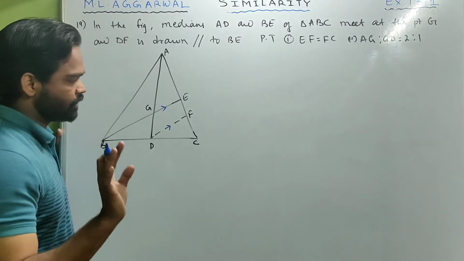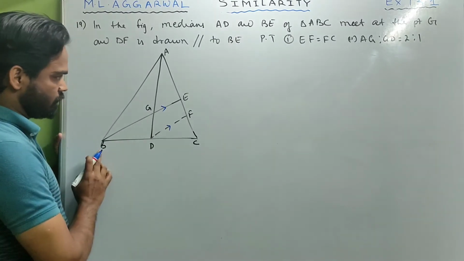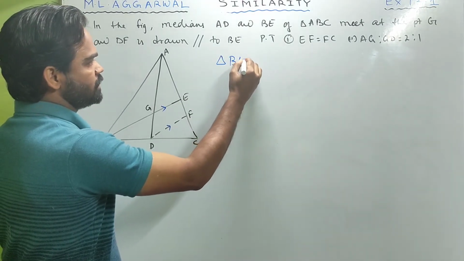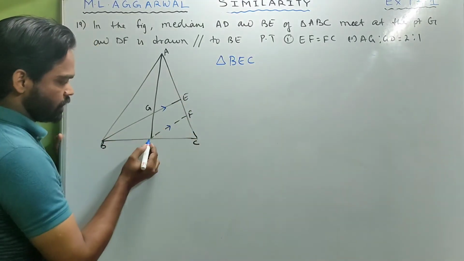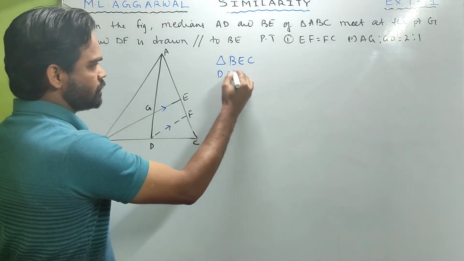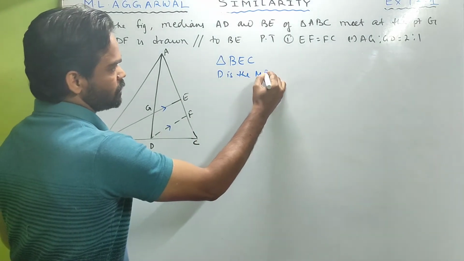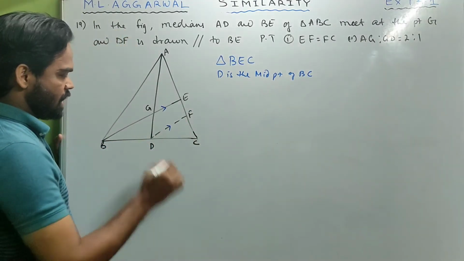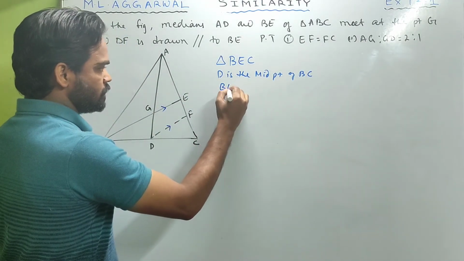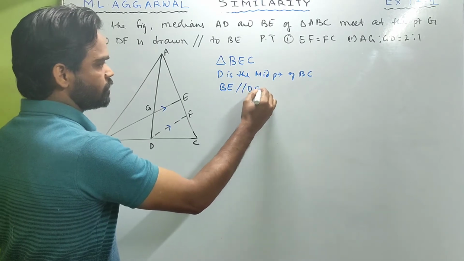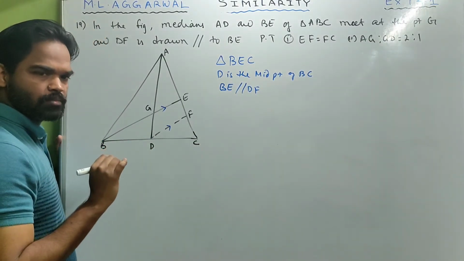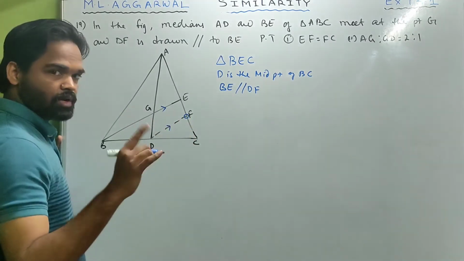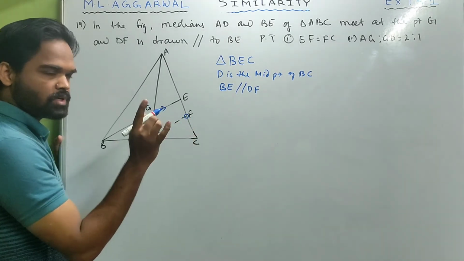Pretty easy. First of all, look at triangle BEC. In triangle BEC, D is the midpoint of BC, isn't it? And BE is parallel to DF. So by the converse of the midpoint theorem, we can say, what was the converse of the midpoint theorem?